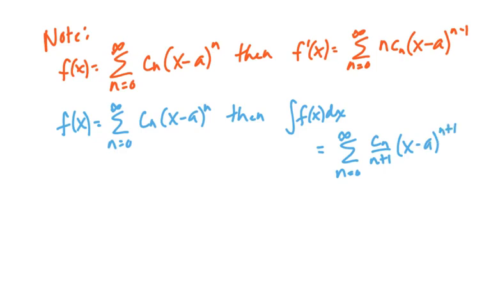Now we would put a plus capital C out here real large, but those tend to get lost, so that's why they put it out front, so you don't lose that constant.